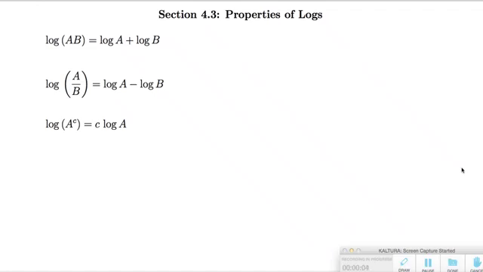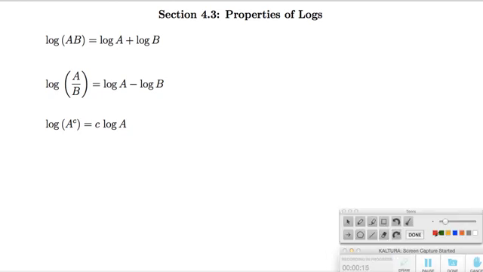Okay, today we're talking about properties of logarithms. The three properties of logarithms, we've got the product rule, which is that log of a times b is log of a plus log of b.